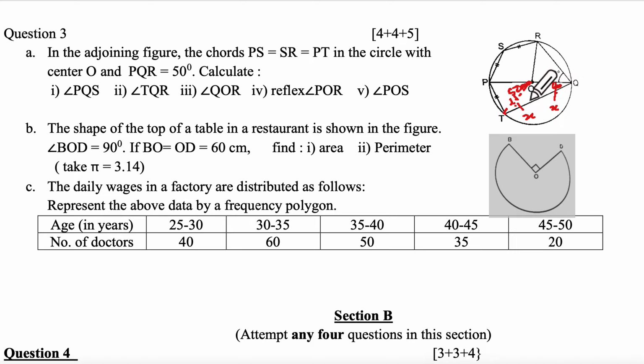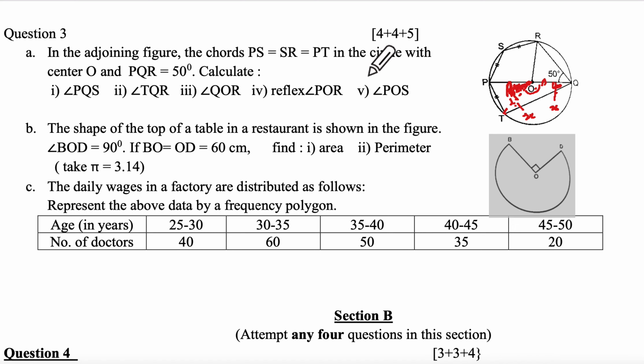What is the reason? Angles opposite equal sides are equal, correct? So x and x, and this is 130 we calculated. So 130 plus x and x equal to 180 degrees. Or you can say this 50 is the exterior angle for this triangle. So 2x is equal to 50, x will be 25.